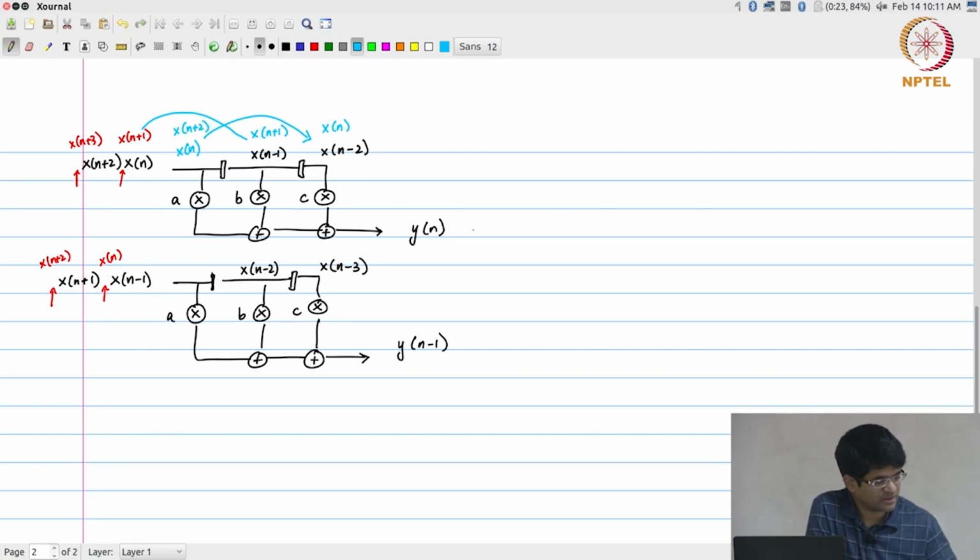So that this will then compute y of n plus 2, right. And similarly, the first time around I have x of n minus 1, n minus 2, n minus 3. The next time around I will have x of n minus 1 jumping over here, x of n over here, and x of n plus 1 over here.